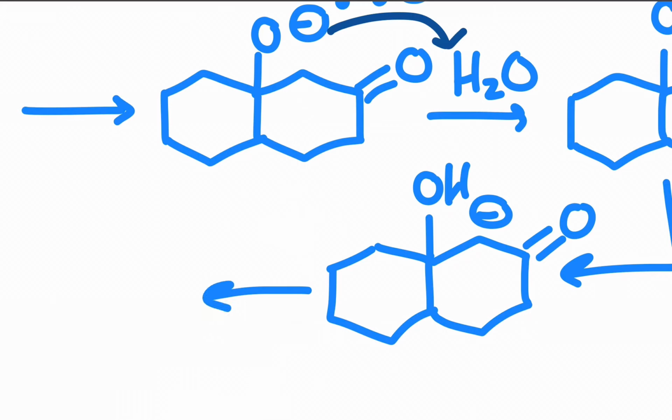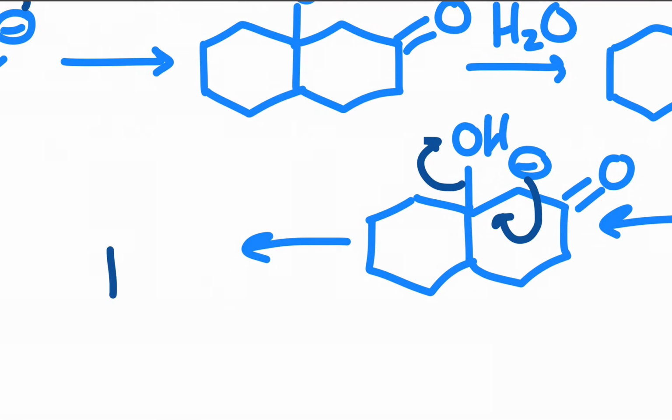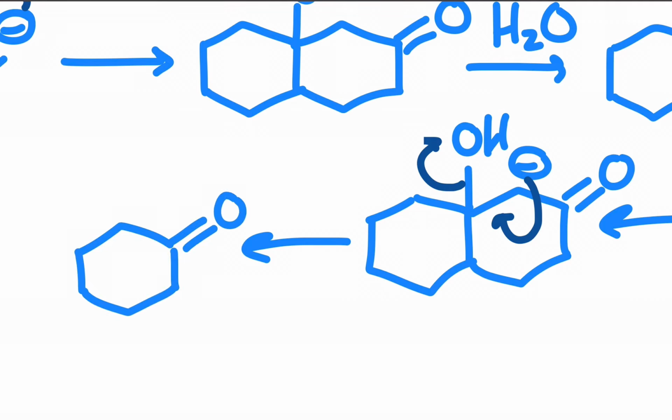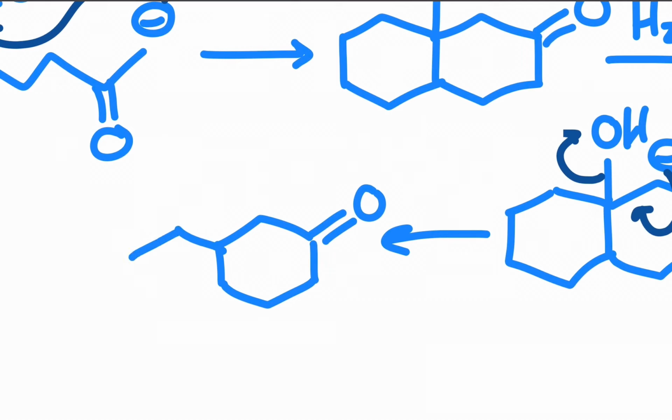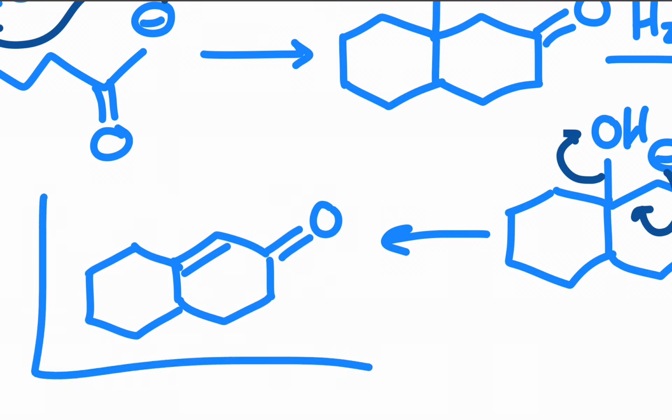To get to the condensation product, that enolate kicks out the hydroxide. That's why this works. It's the formation of that stable negative charge because it's an enolate that drives that hydroxide to leave, and you get a nice thermodynamically stable cyclic product.